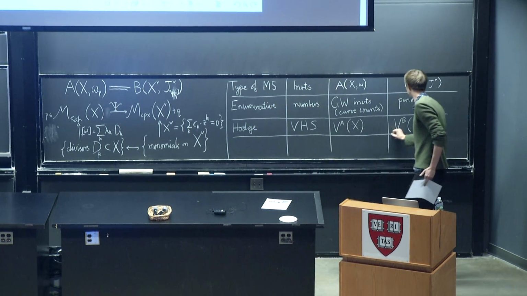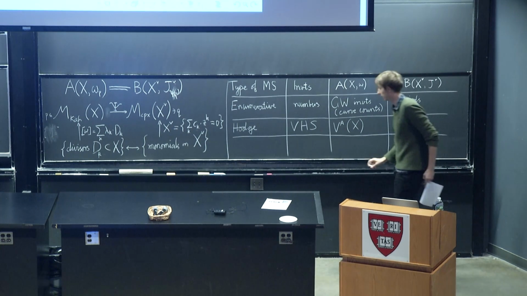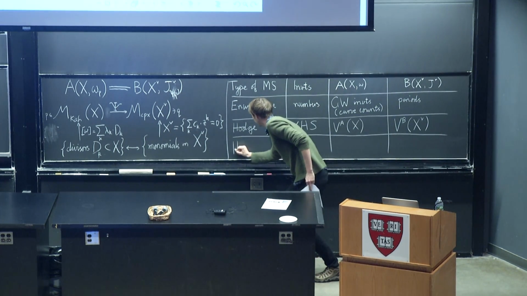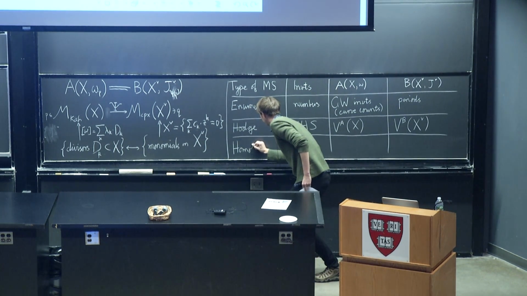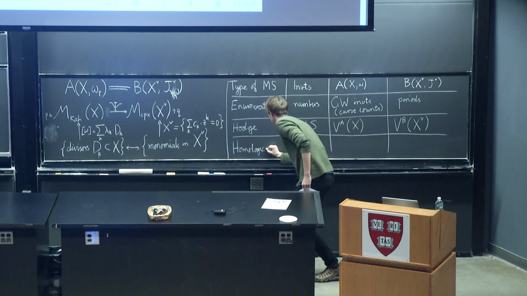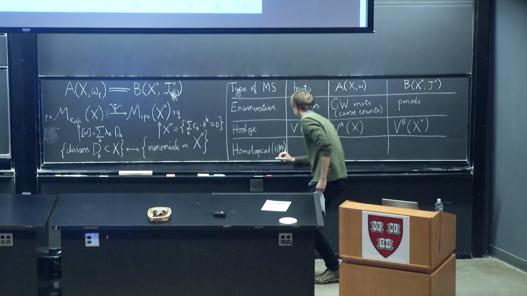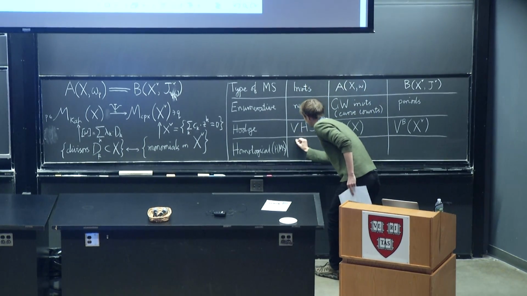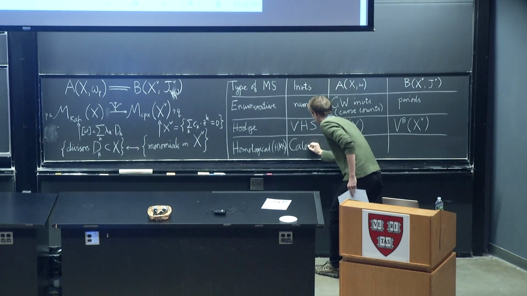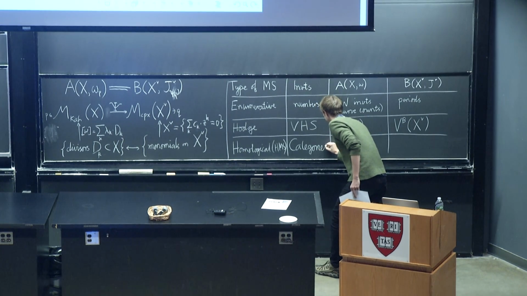All right, and now the final version of mirror symmetry that we'll consider is called homological mirror symmetry, or HMS. And the invariants here are categories.